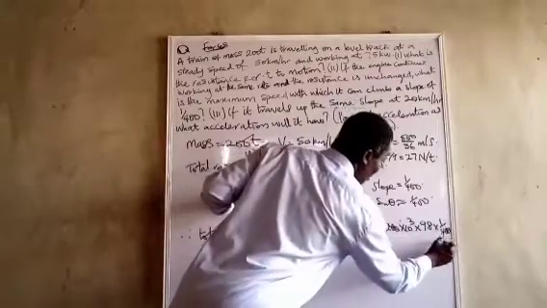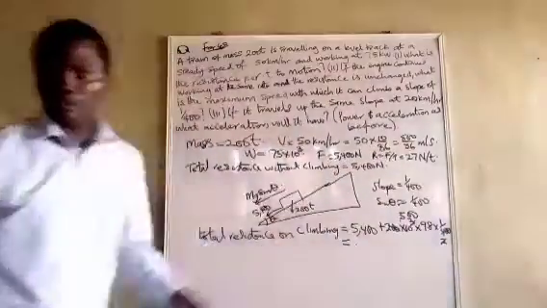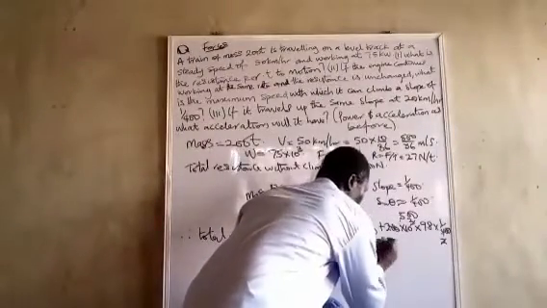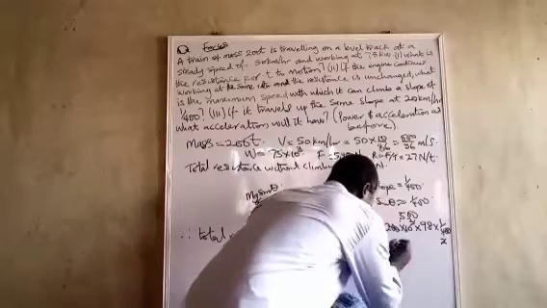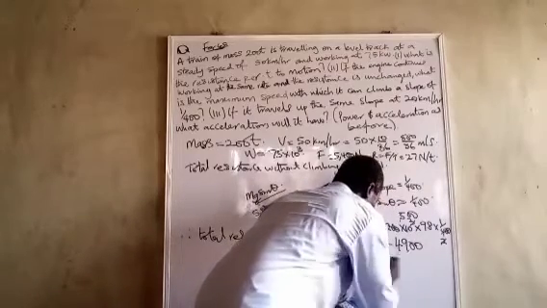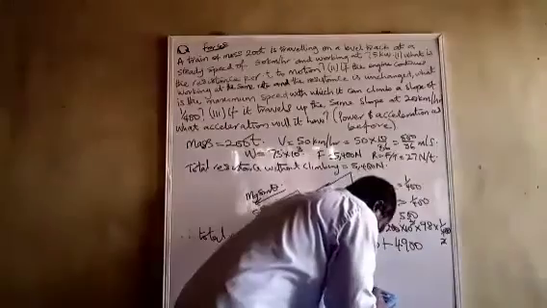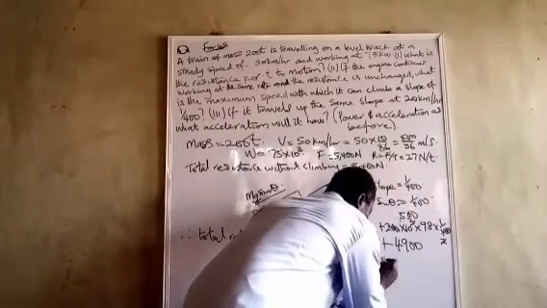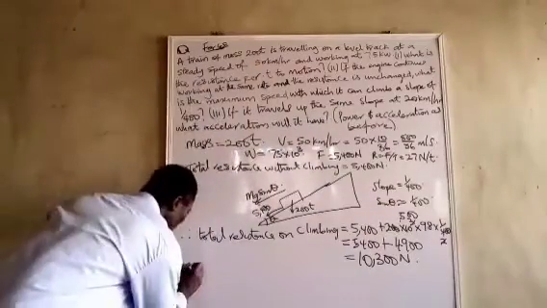So we can cancel, and this one is 4,900. So total resistance against motion is going to be 5,400 plus 4,900, which is 10,300 Newton.